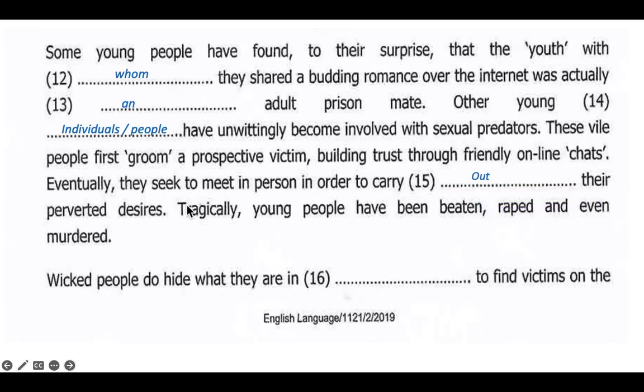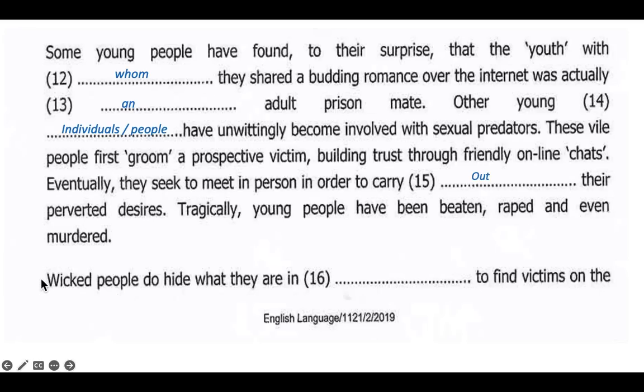Tragically, young people have been beaten, raped, and even murdered.